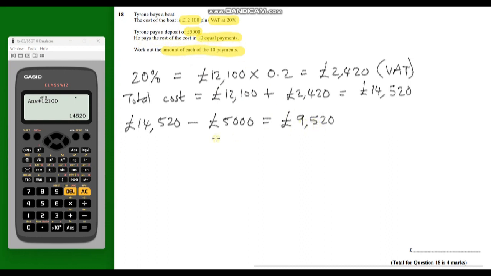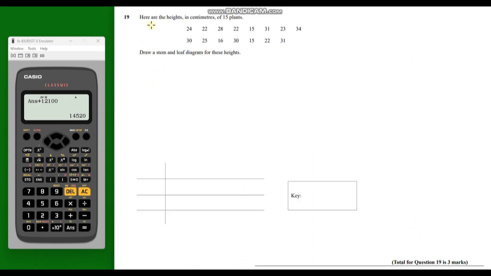So we can just divide this by 10. £9,520 divided by 10, that's nice and easy, gives us £952. So that is our answer. That's how much he has to pay for each payment. So £952.